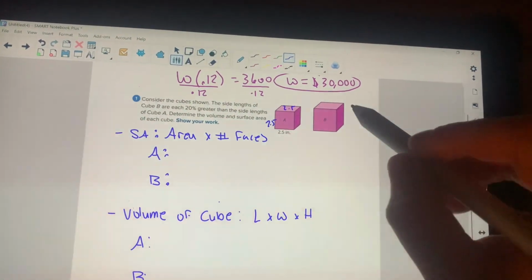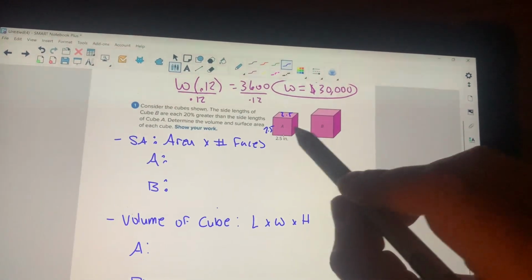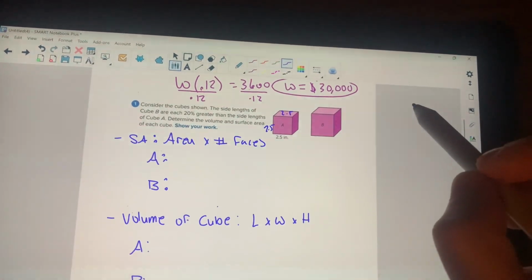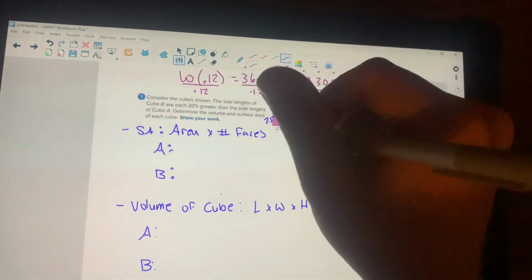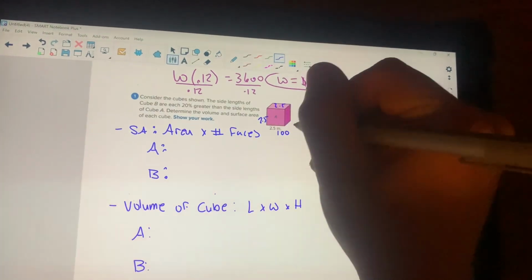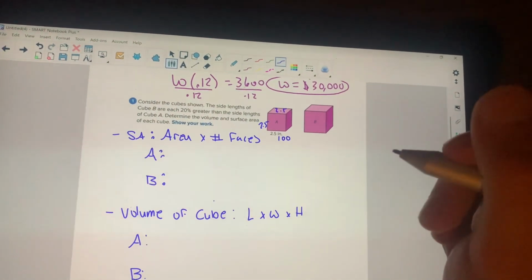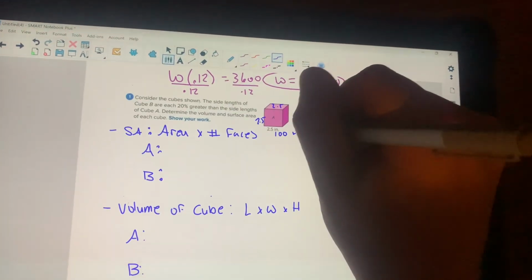Now we have to find cube B's side lengths. I do know that cube B side lengths are 20% greater than cube A's. So I'm going to go back to what we did at the very beginning. This is 100%, okay? So 100% of this would be 2.5. Now I need to add 20% to that.